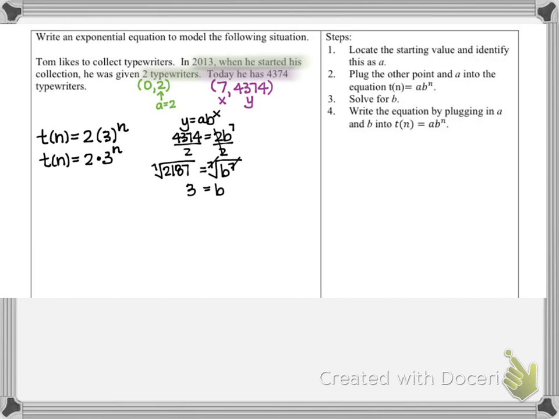And then if going through and changing the x's and y's is confusing to you, you can actually just identify these originally as n and T of n. But I know that that's a little confusing to some people too. So it is just the ease of what makes the most sense to you going through the process. So if you want to, though, you can change those. So we've got our T of n and our n.